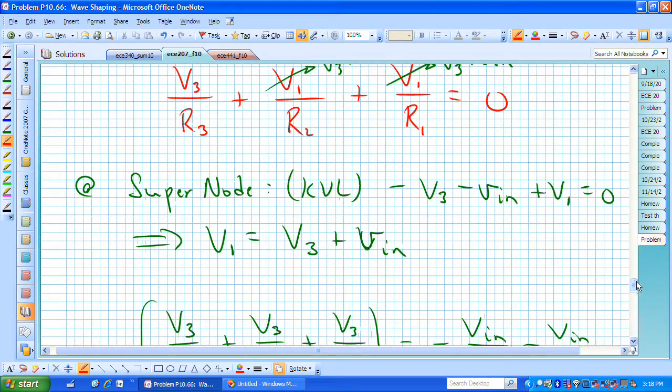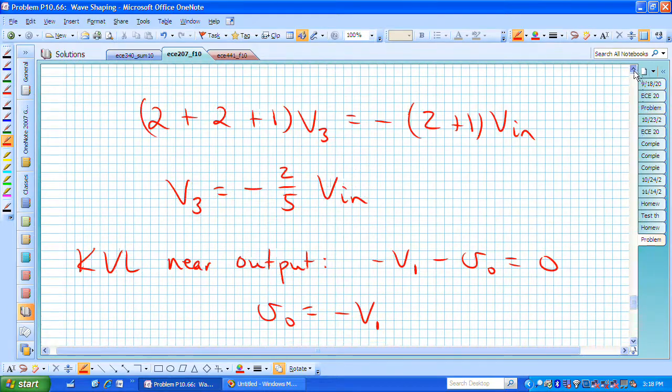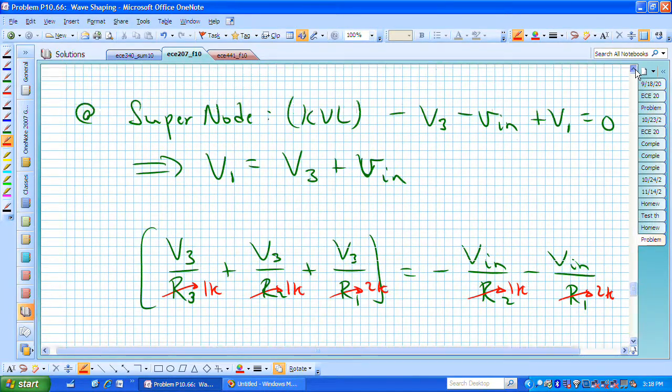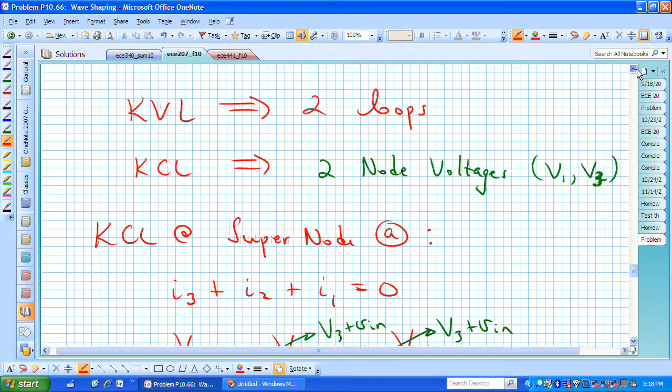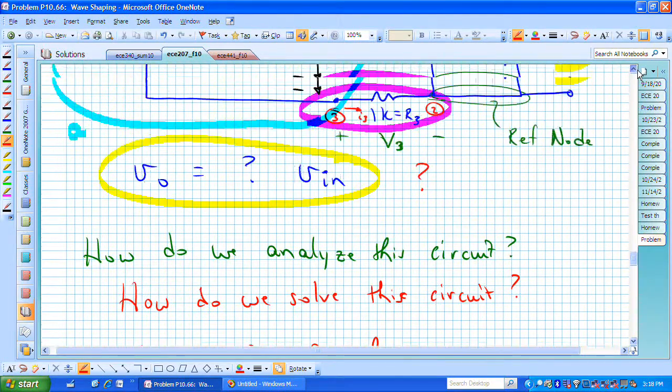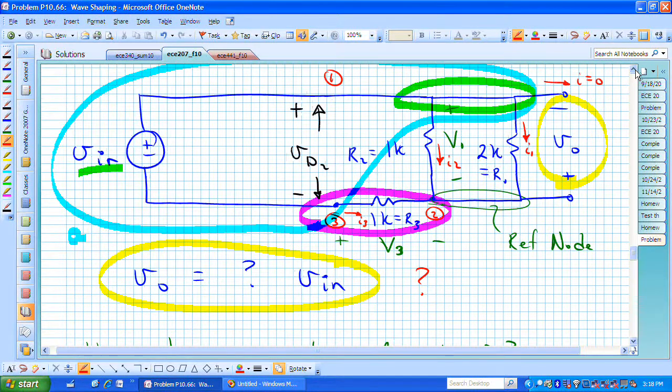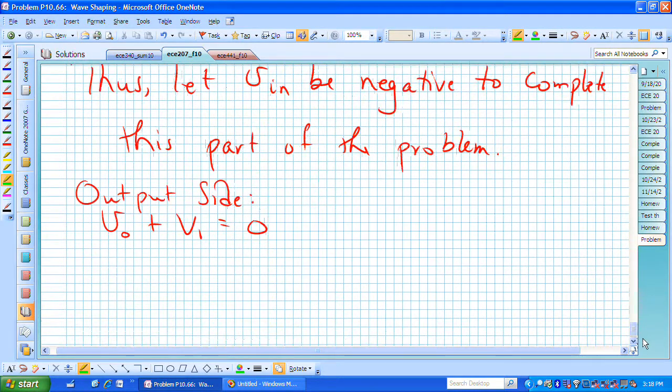If we went around here with a KVL, we see that we have V naught plus V1 is equal to 0. And so now we have V naught is equal to minus V1.